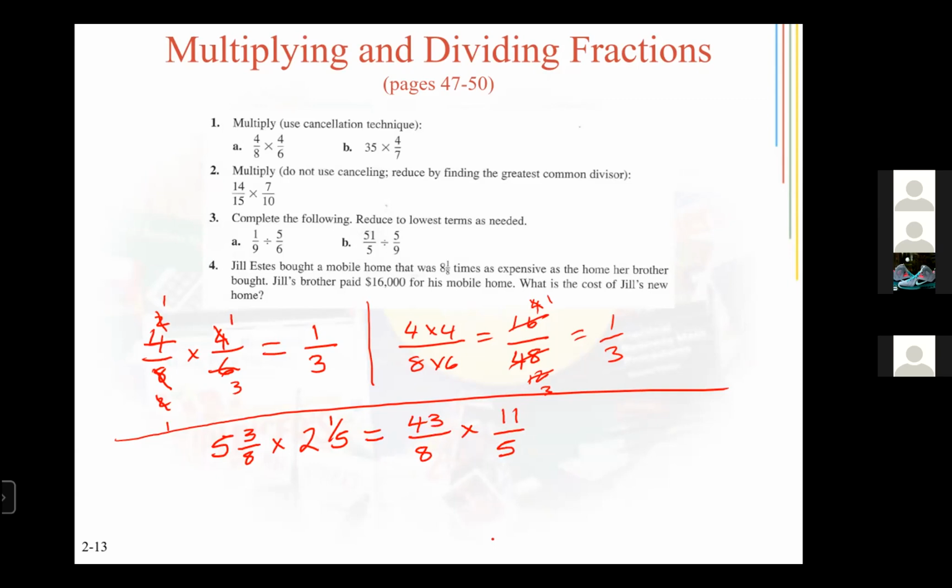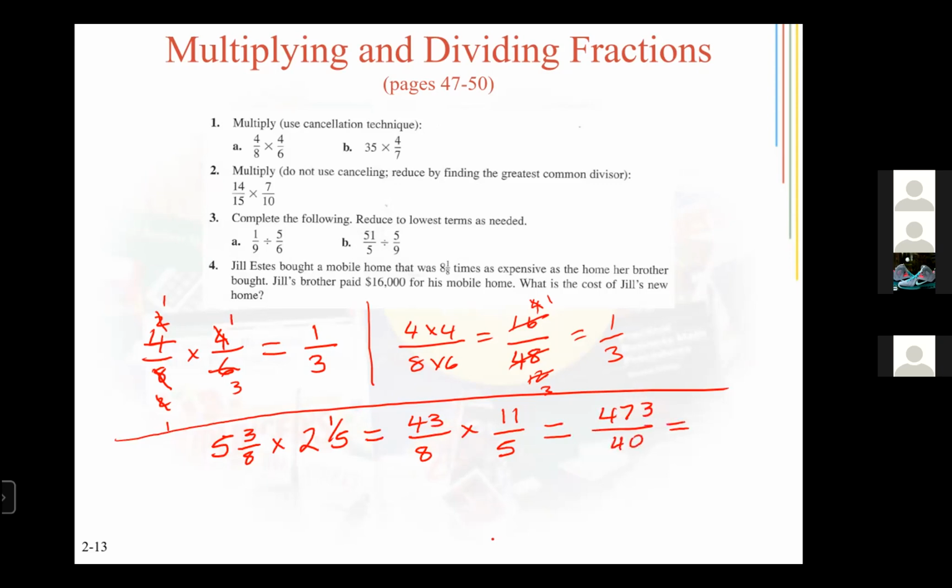No, there's nothing we could cancel, so we just have to multiply the numerators and multiply the denominators. So 43 times 11. I have a calculator with me right now. 473. And then 5 8s are 40.